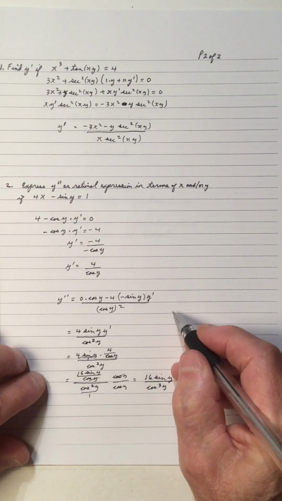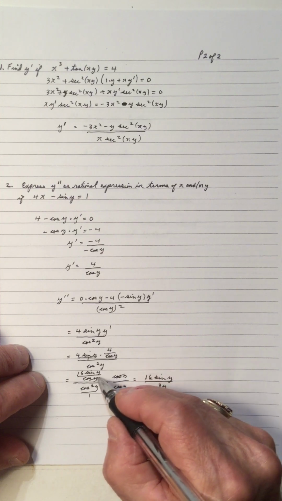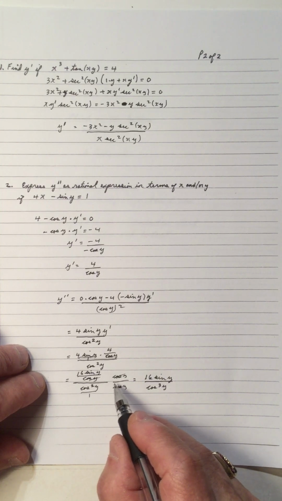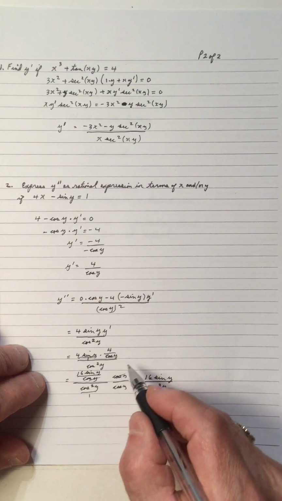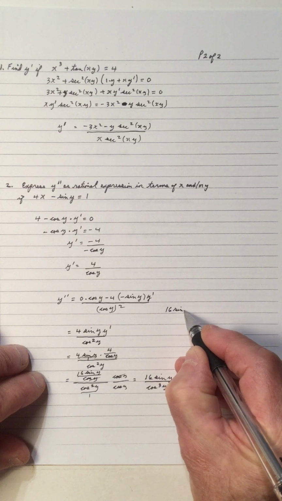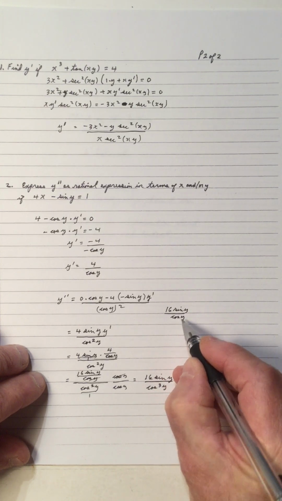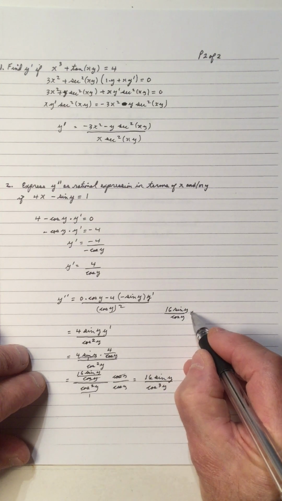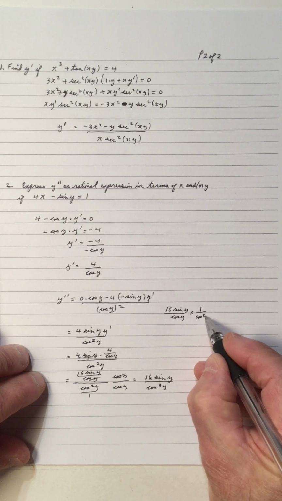That's one way. Instead of multiplying by cos y over cos y, which is a fast way to eliminate cos y here, the other way is to take 16 sine y over cos y as the numerator, and, having the bottom over 1, multiply by the reciprocal of 1 over cos squared y.